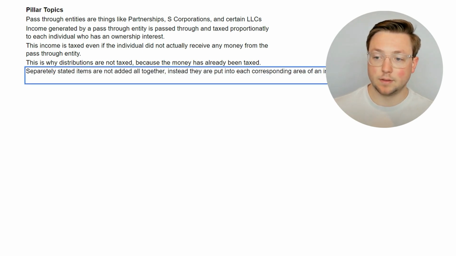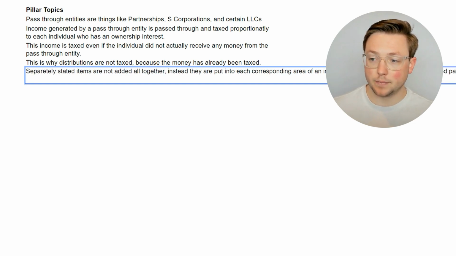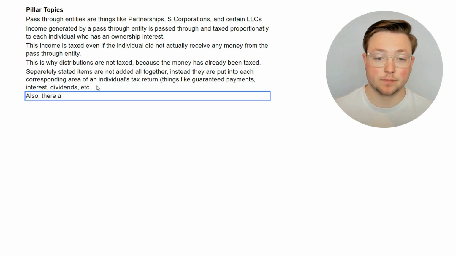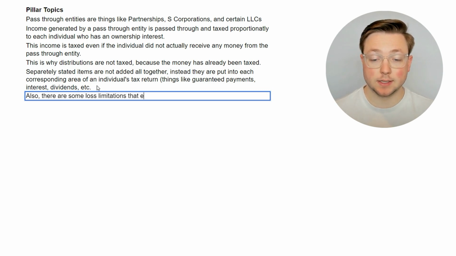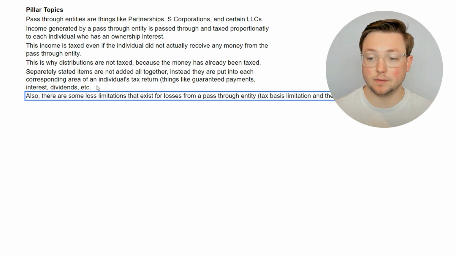This is things like guaranteed payments, interest, dividends, etc., etc. Also, there are some loss limitations that exist for losses from a pass-through entity, like the tax basis limitation and the passive activity loss limitation.